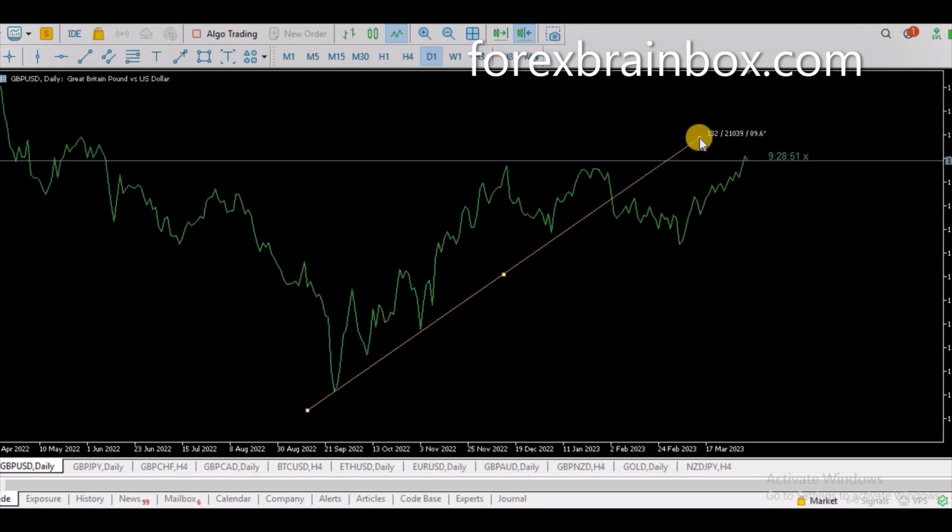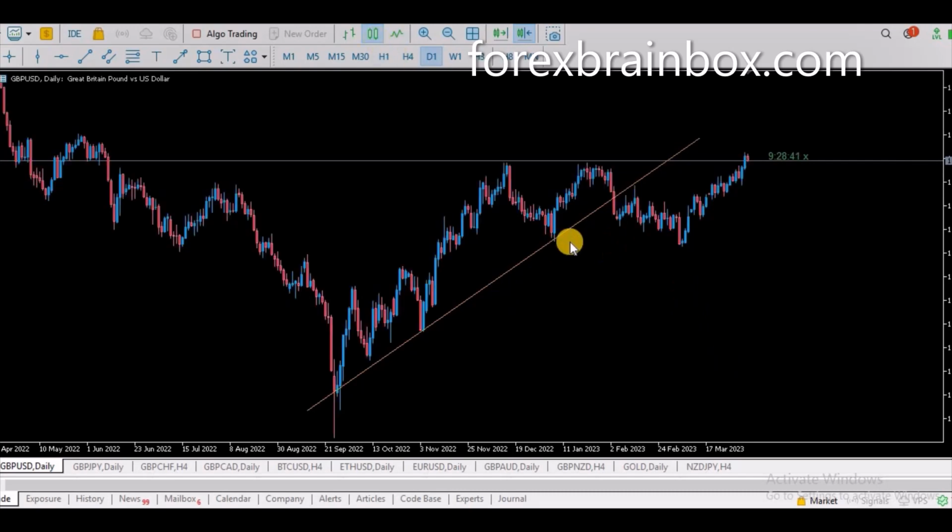Remember, guys, it's the daily chart, right? As you can see on our line chart, it seems that price has not reached that level. But when we change it to candlesticks, you're going to see that there's a wick right there. This is why I always talk about switching between candlesticks and line charts. They are both important. That is why MT4, MT5 is there for you to use. So as you can see, it touches this level.